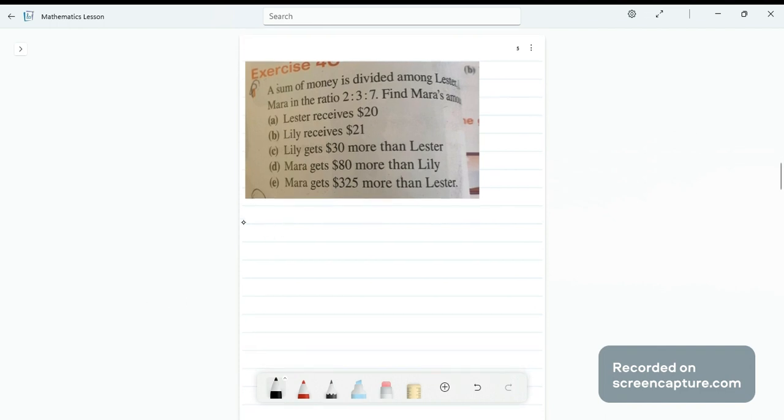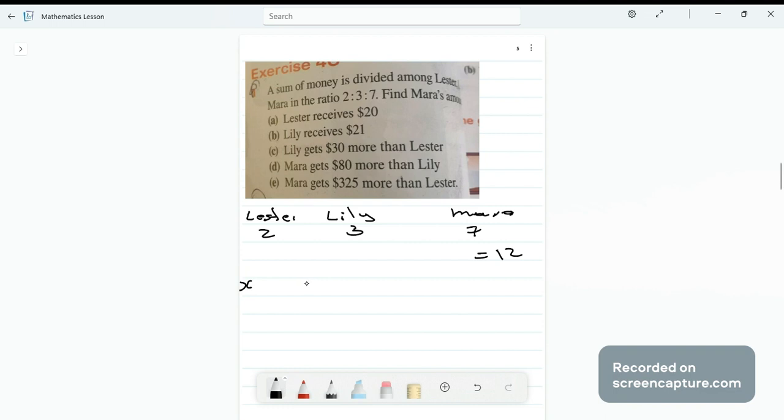I think it's important, though it is the same question, that we're still writing the share amounts of each of them. So the sum is 12. We don't know the amount of money that we are sharing.